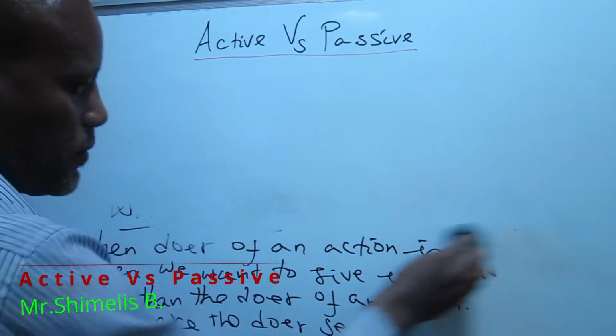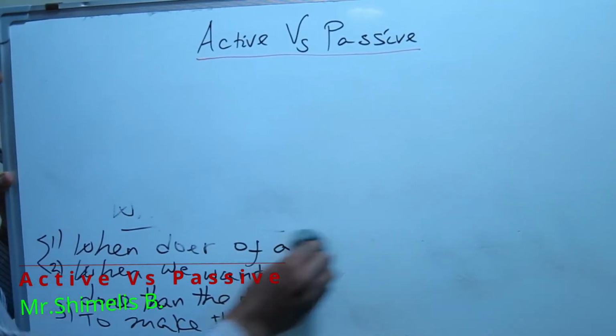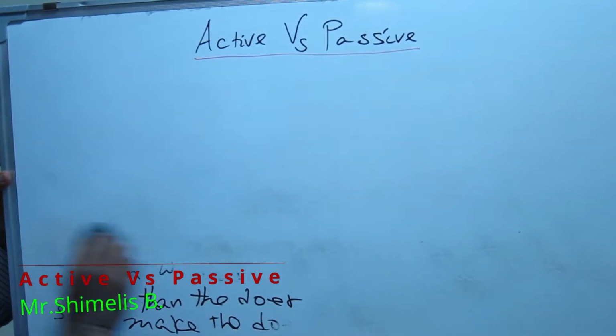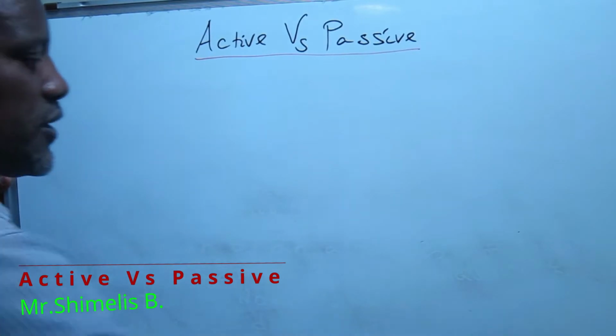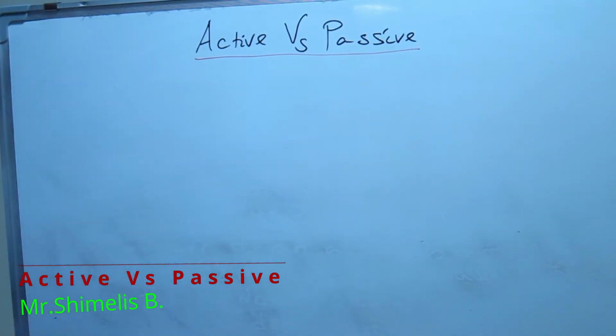Now, which verbs would have a passive form? The first thing we have to check to change active sentences to passive is whether the main verb is transitive or not.